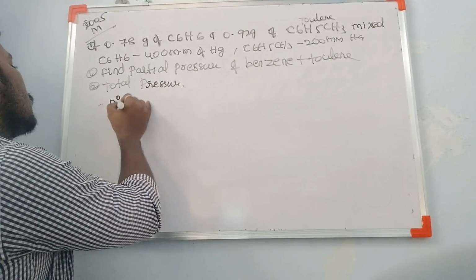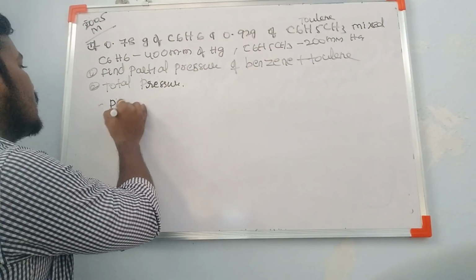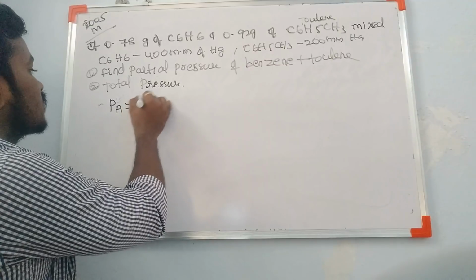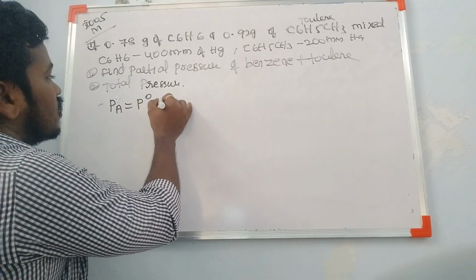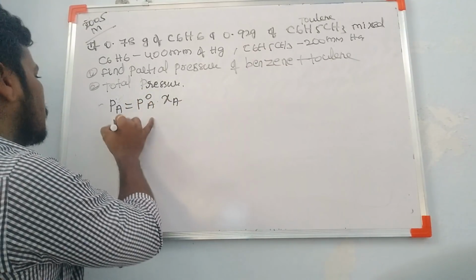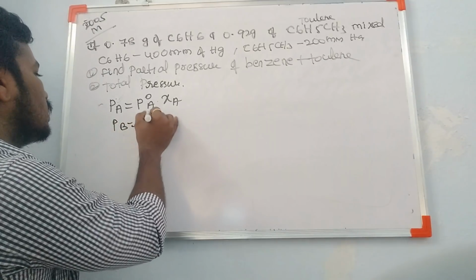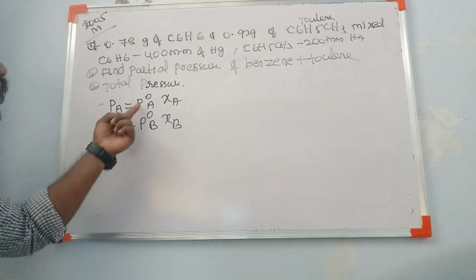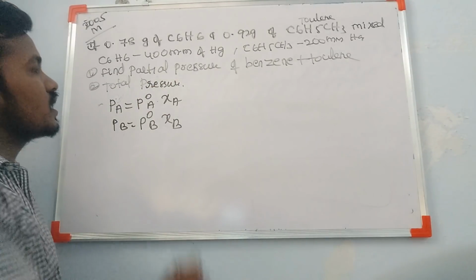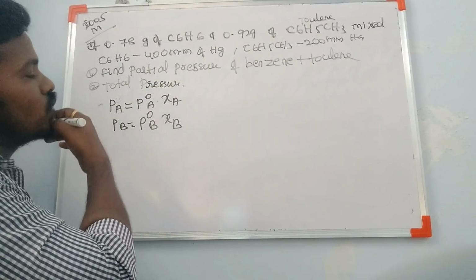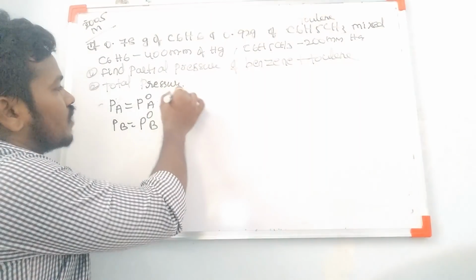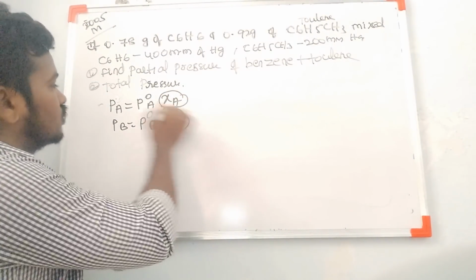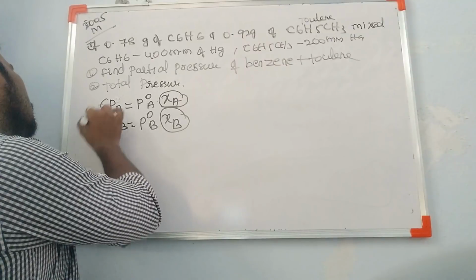How can you calculate the partial pressure? PA is equal to P naught A times XA, and PB is equal to P naught B times XB. Take A as benzene and B as toluene. First we have to find the moles.